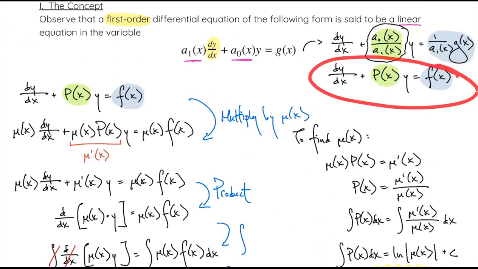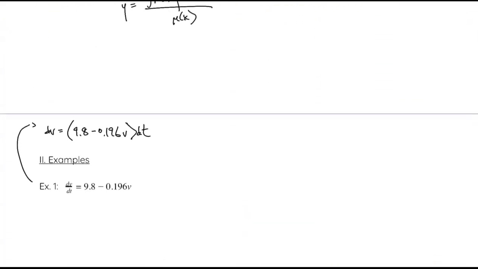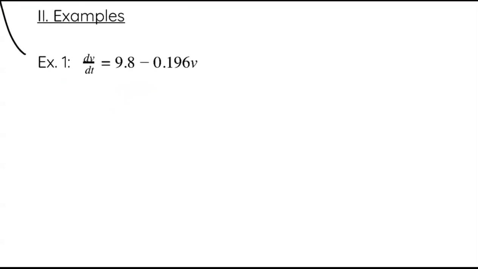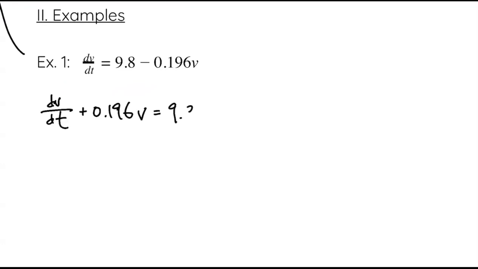So in this case, I'm going to move this last term over to the left-hand side, and when I do that, I will get dv/dt plus 0.196v equals 9.8, okay?